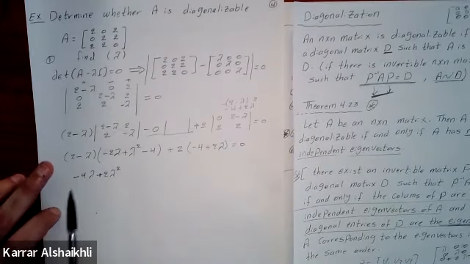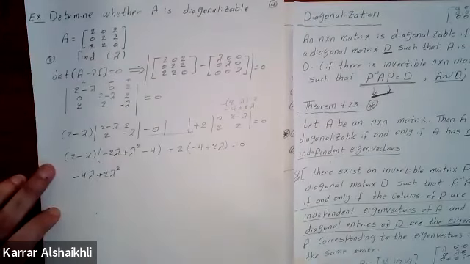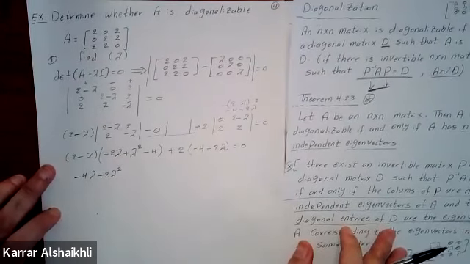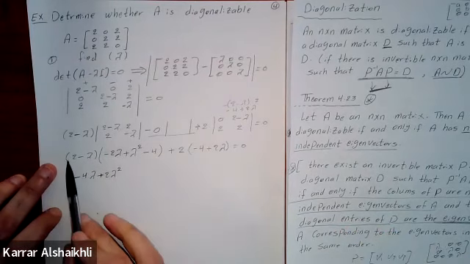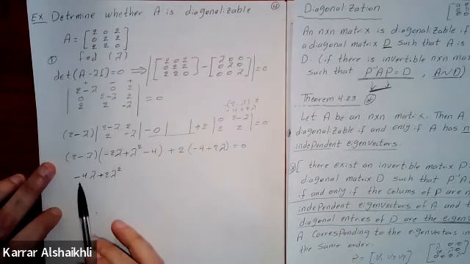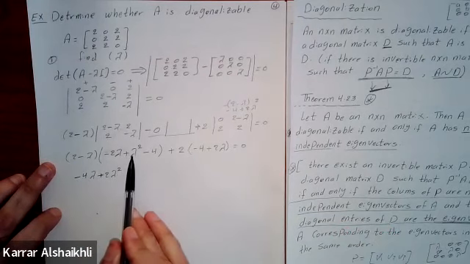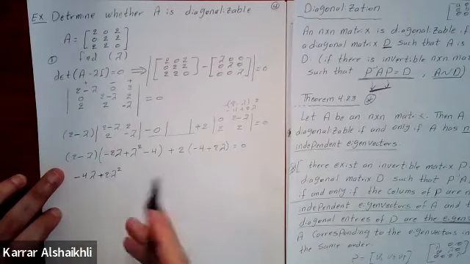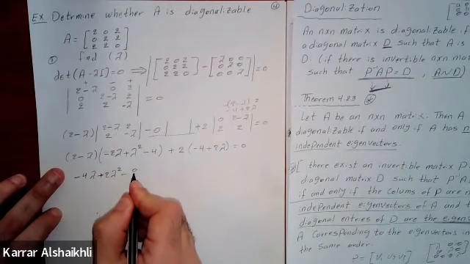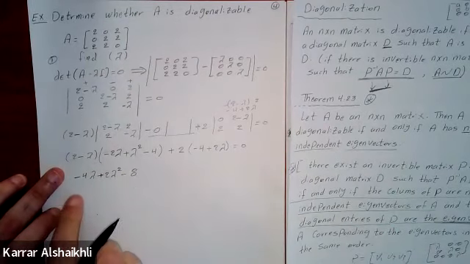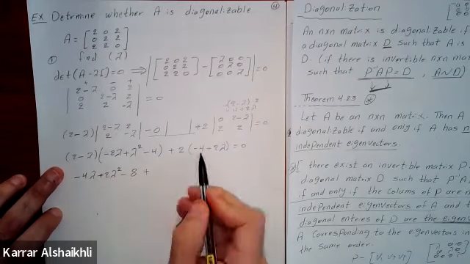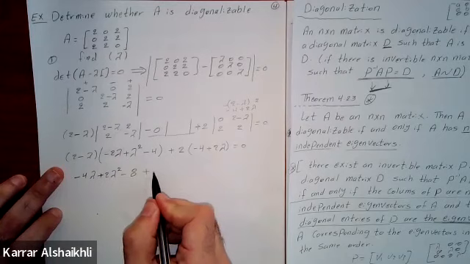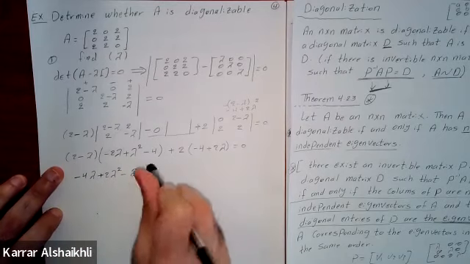So let's keep going. Don't let me move to the next step if you have an issue. So 2 times -2 lambda is going to be -4 lambda. 2 times lambda squared is going to be 2 lambda squared. 2 times -4 is going to be -8. I don't know if I have some mistakes here. Oh no, we have to multiply the lambda.